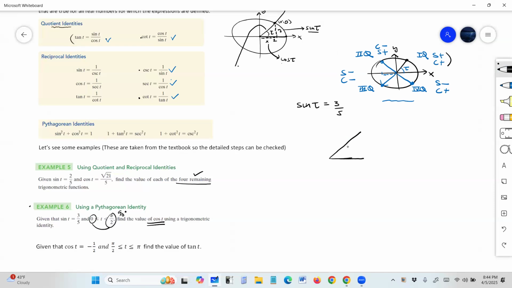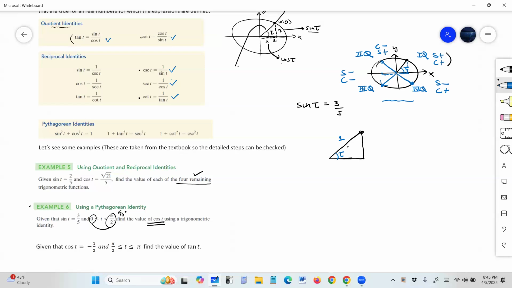You can see that from the picture. So here's the triangle. And so here's my angle t. Here is the radius 1.